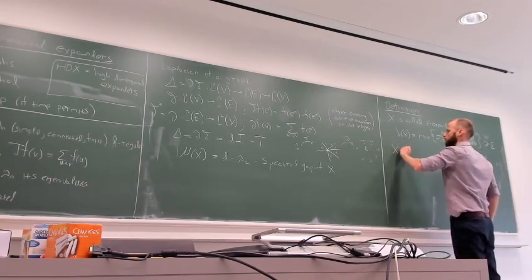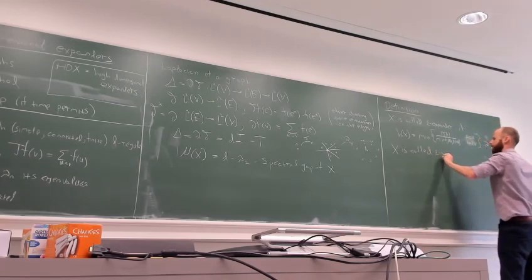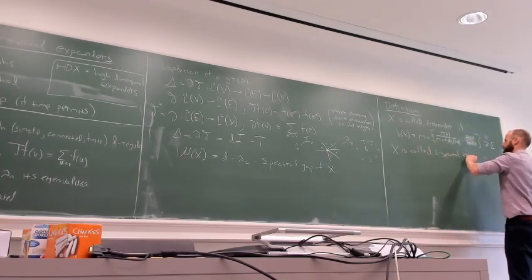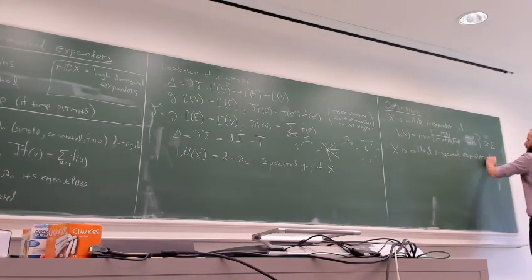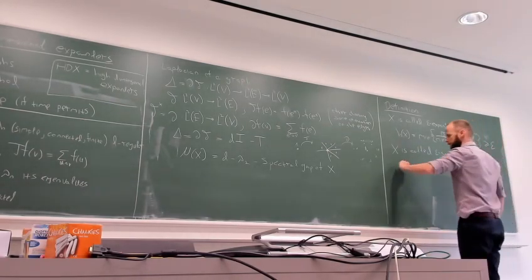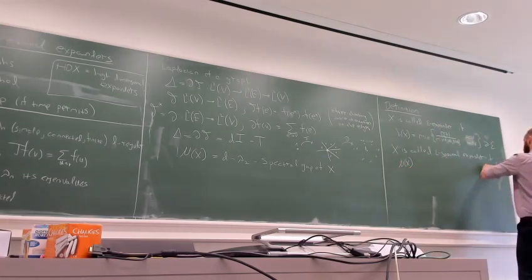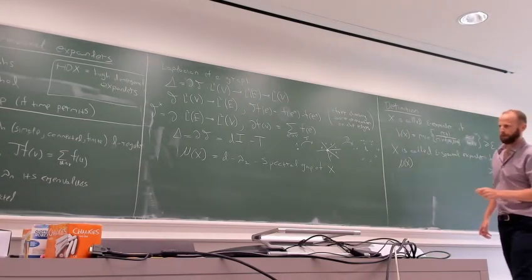And X is called an epsilon spectral expander if the spectral gap is bigger than epsilon. But let me do just a tiny bit of manipulation.